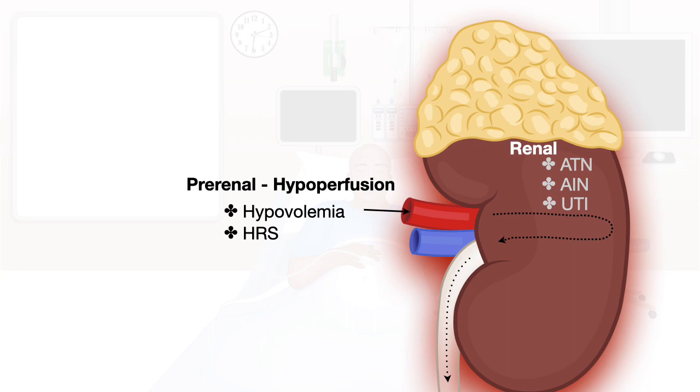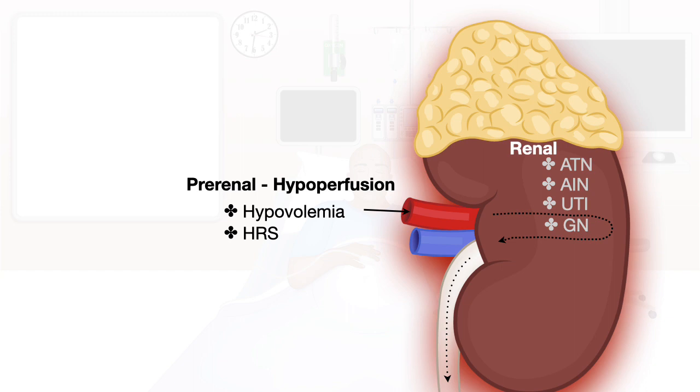And then never forget that we start the filtration mechanism in the glomerulus of the nephron, that is glomerulonephritis. So the blood from the renal artery goes to the glomerulus, glomerulonephritis, tubule, tubular necrosis. Tubules are in the interstitium, acute interstitial nephritis, and urinary tract infection.